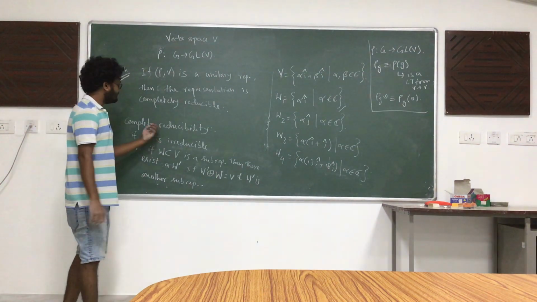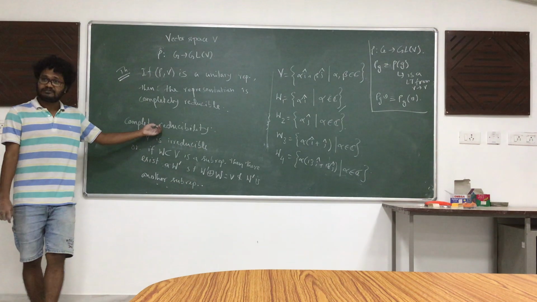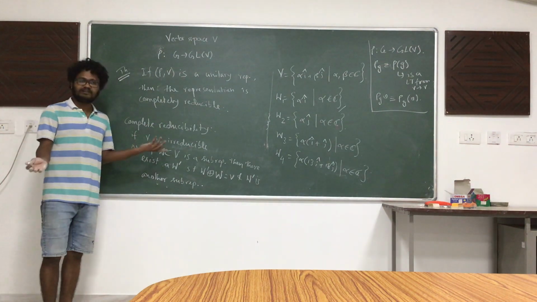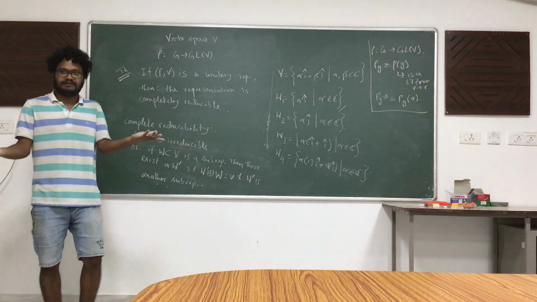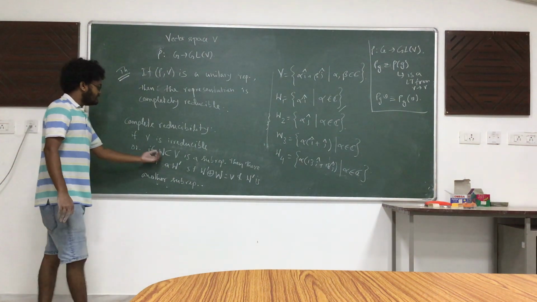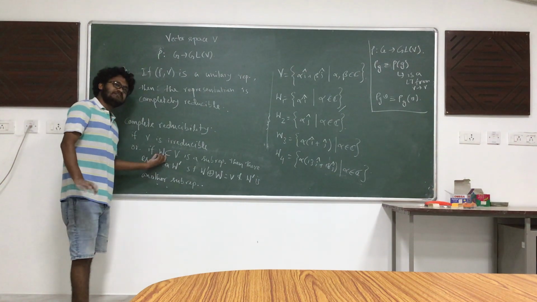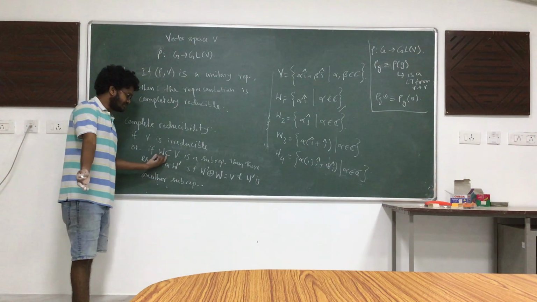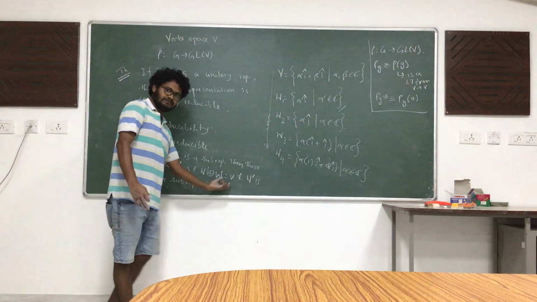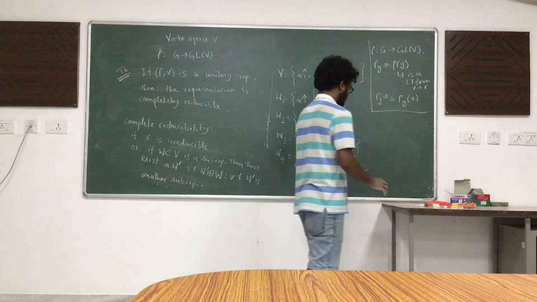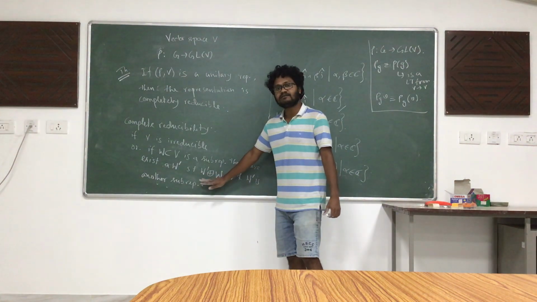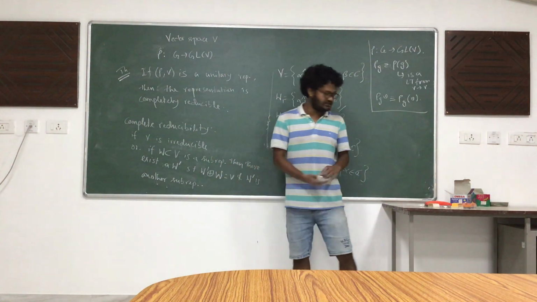This part is clear. If V itself is irreducible, then of course it is completely reducible. Or, given one sub-representation, we can find another sub-representation such that they are complements of each other in V. Complement as in the direct sum decomposition.